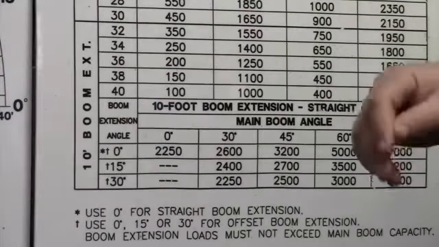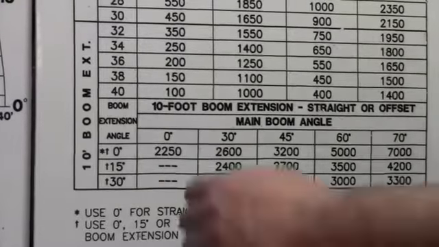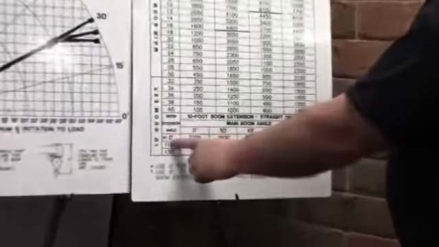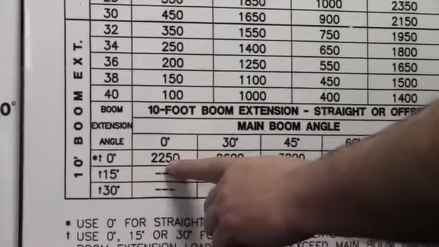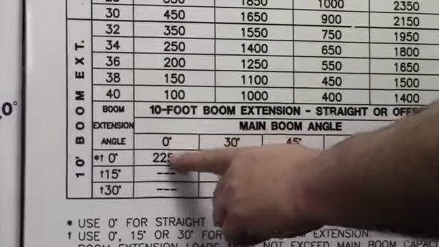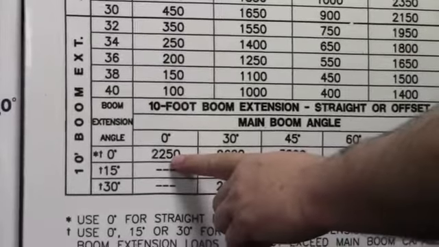In this particular case, most of the cranes that we sell have a non-offsettable jib, and that jib is at 0 degrees. So if I'm using the jib here, I would use the 0 degree boom extension angle. If the boom of the crane is at 0 degrees, this is the angle of the boom of the crane, I have a 2,250 pound capacity.